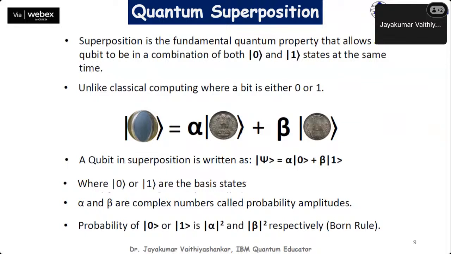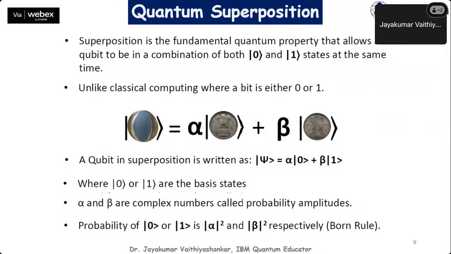So |0> and |1> are the basis states, and alpha and beta are complex numbers called probability amplitudes. According to the Born rule, you take the modulus of the amplitude of state 0, and consider Schrodinger's cat.